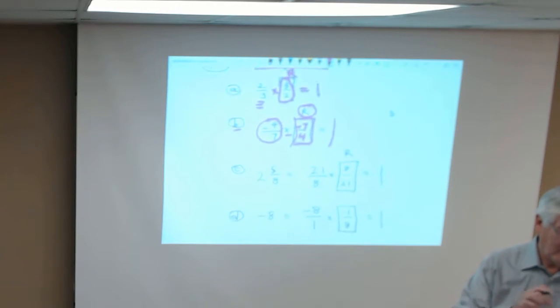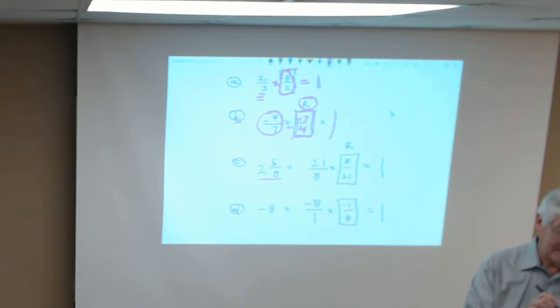Number C, 2 and 5/8, that's the same as 21 over 8, isn't it? 2 times 8 is 16 plus 5, 21 over 8. And then that's times what number to get an answer of 1? 8 over 21, and that's the reciprocal.